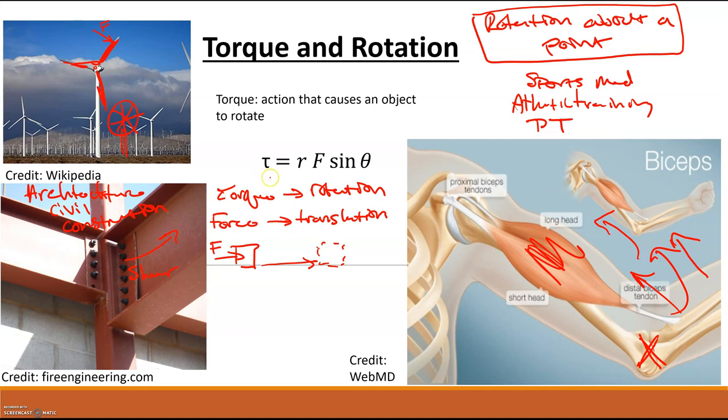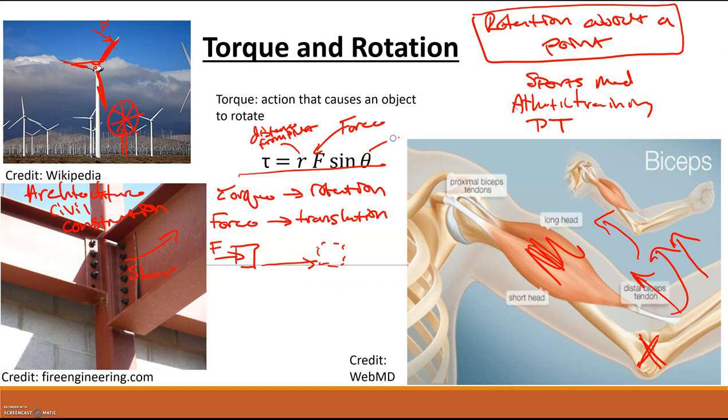So looking at our equation over here, torque is equal to the distance from the pivot point, distance from pivot. F is the force that's acting at that distance from the pivot point.